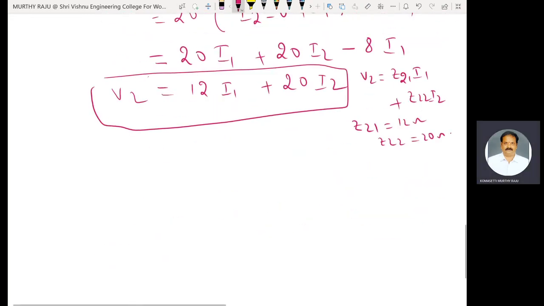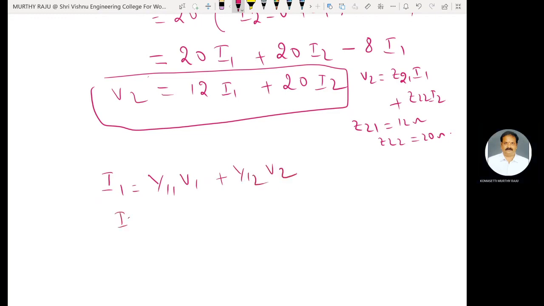Now the problem asks to determine the Y parameters. Therefore, the Y parameters are I1 is equal to Y11 V1 plus Y12 V2, and I2 is equal to Y21 V1 plus Y22 V2.